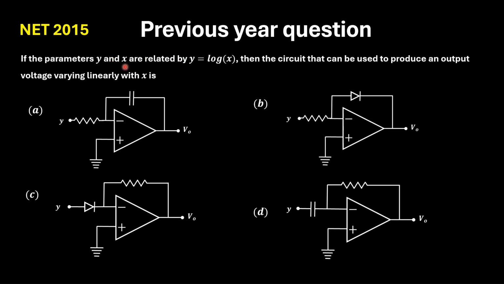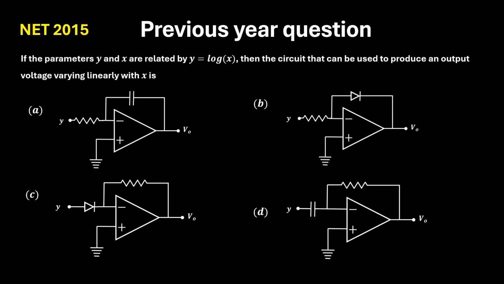In this question, they have given that y and x are related by this relation, that is y is equal to log of x, and we have to identify the circuit that can give an output voltage that varies linearly with x. So we have already learned these circuits a few moments ago.